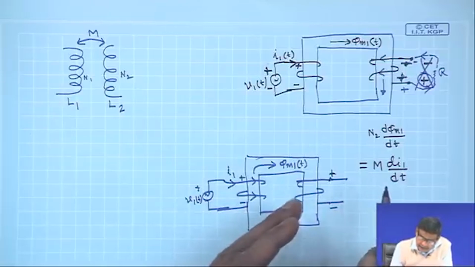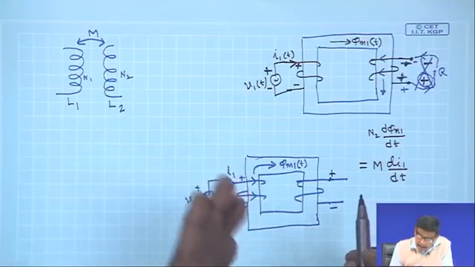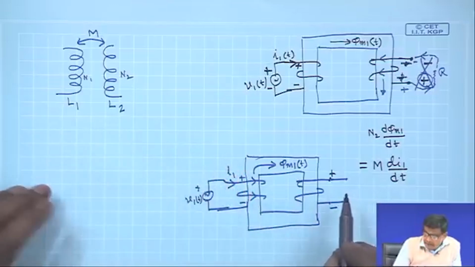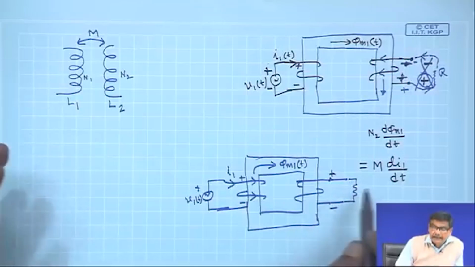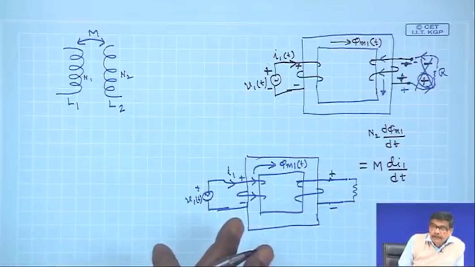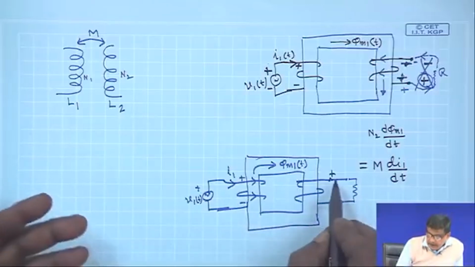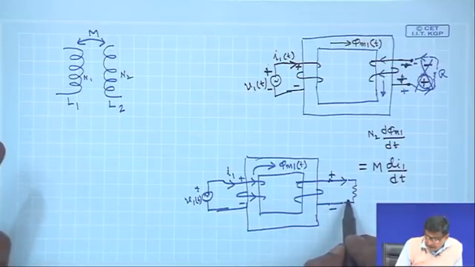Let us now connect some resistance here. Imagine that a resistance is connected, then this EMF will act, sending some current here, and it has to flow at that instant in this direction.